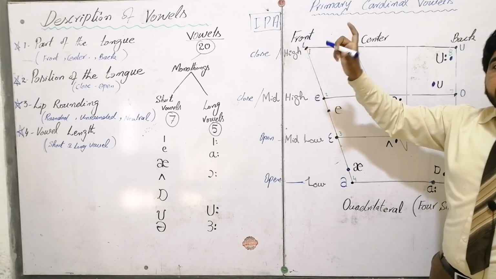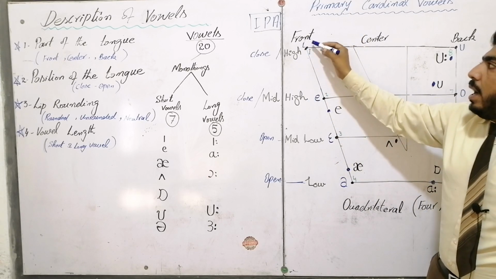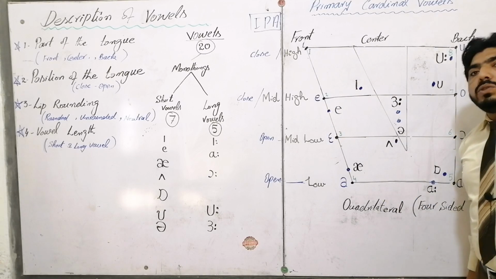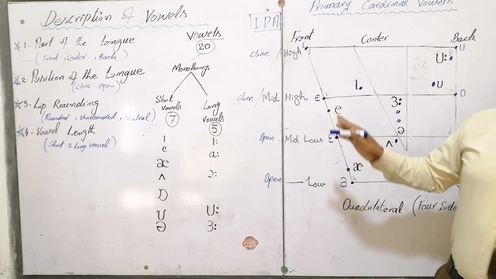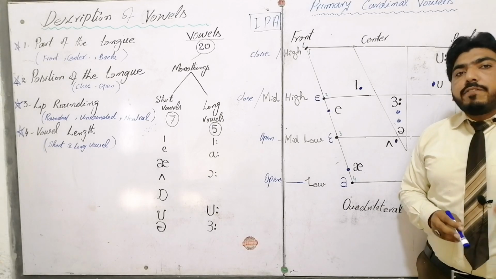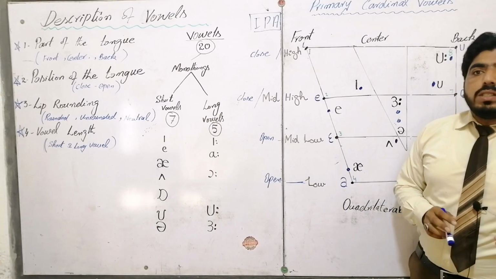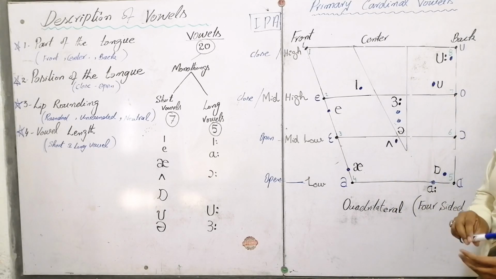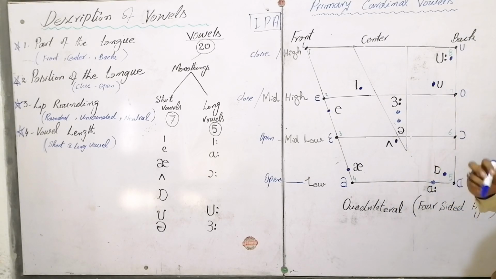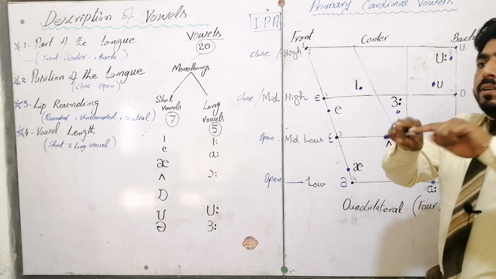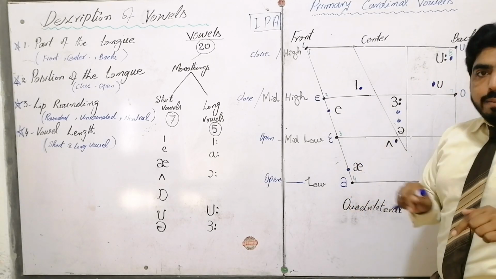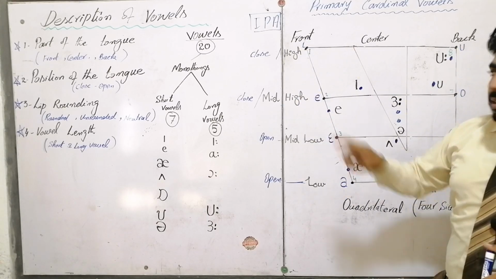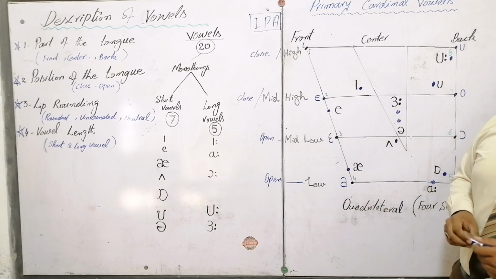Some people are confused because some of the symbols are just like the symbols given by IPA, the International Phonetic Association, for BBC or received pronunciation, but some symbols are different. So don't confuse yourself with these symbols and the symbols of the cardinal vowels, which are extreme reference points.